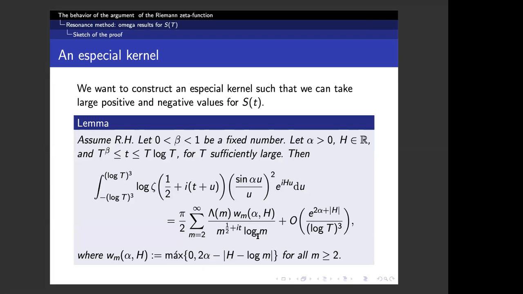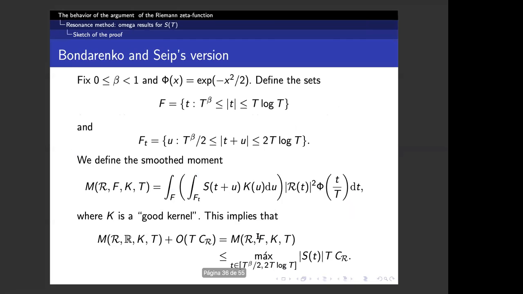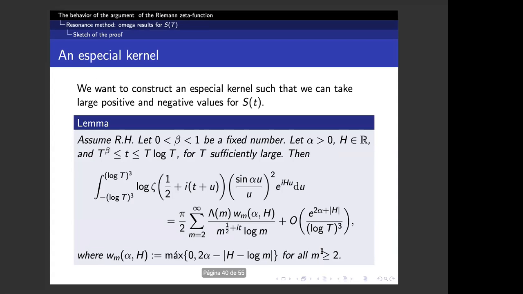Now, in this case of Bondarenko and Seip, you can see that they take absolute values here to obtain a bound in this part. So for this reason, you lost information about the sign of S(t). So now I would like to construct another special kernel.